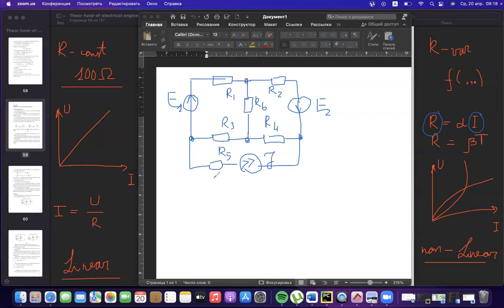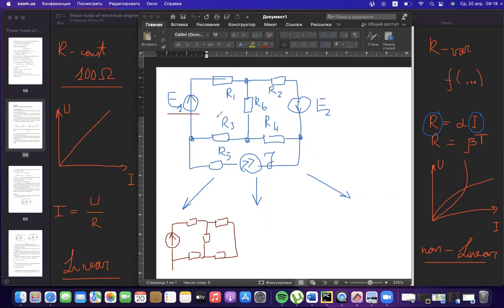Then, instead of this circle, you could calculate three independent circles in which only one source is present, because we assume that they are working independently. First, you take source number one, drawing the circle with only one source, and other sources you substitute by their internal resistance. Substituting the internal resistance means that you just disconnect them, turning them off.